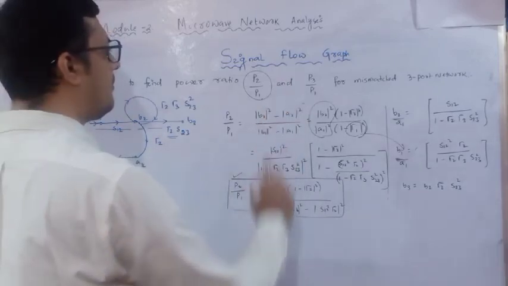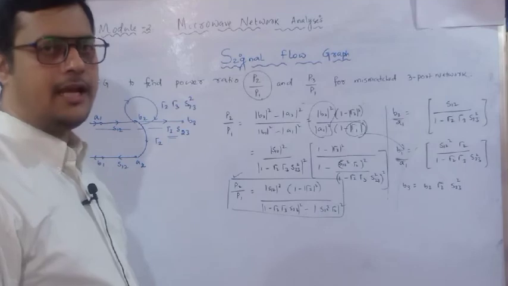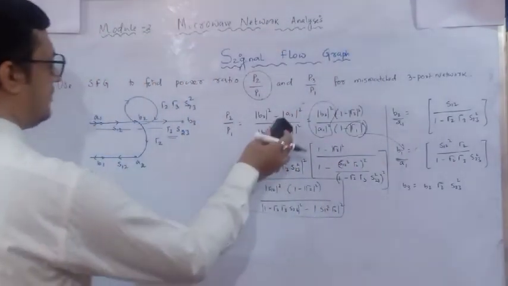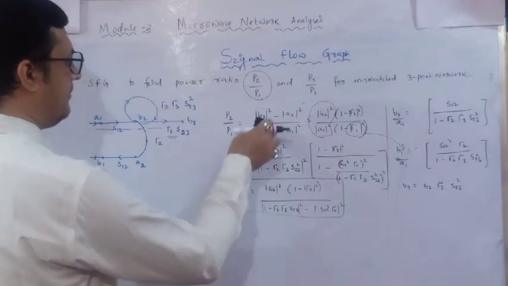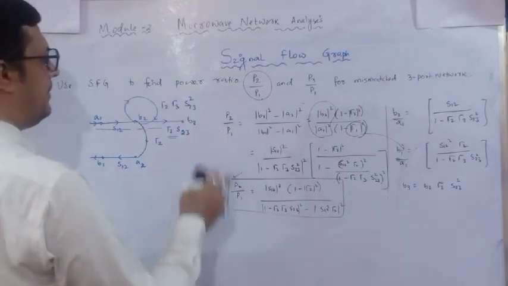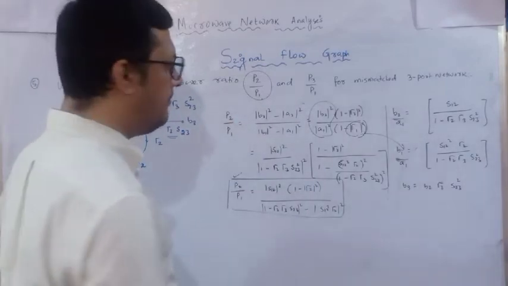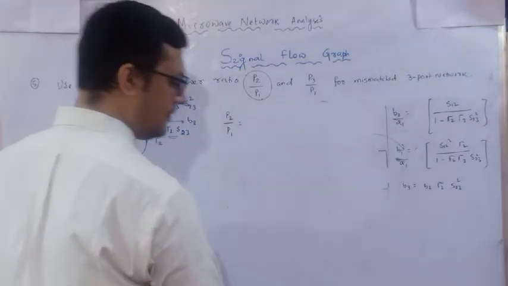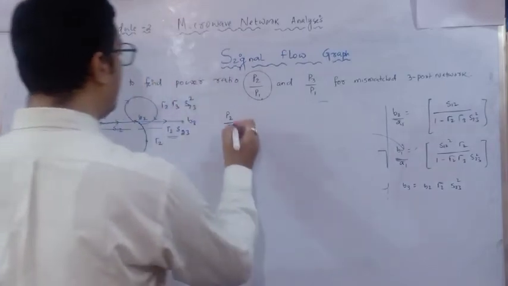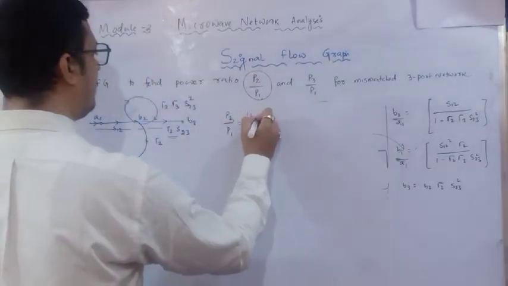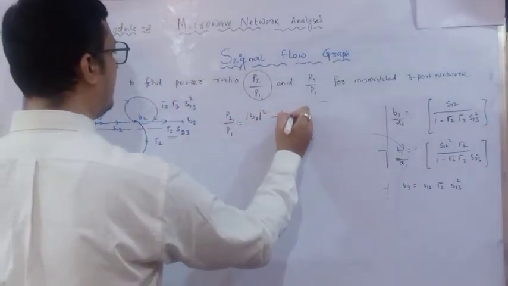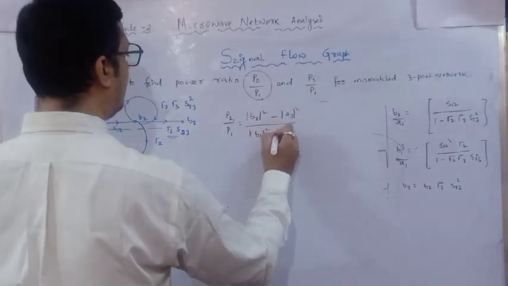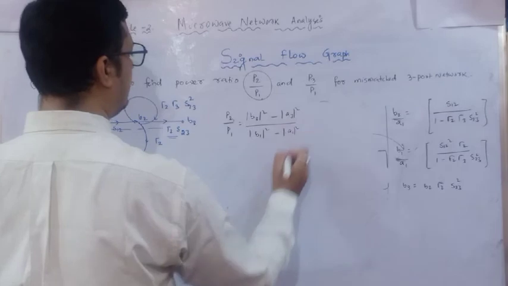Similarly, we have to form a relationship between P3 and P1. So how can we represent it? Here I will erase this. In place of P2 and P1, I will substitute P3 and P1. So if it is P3, then it is mod B3 square, mod A3 square, divided by mod B1 square, mod A1 square.